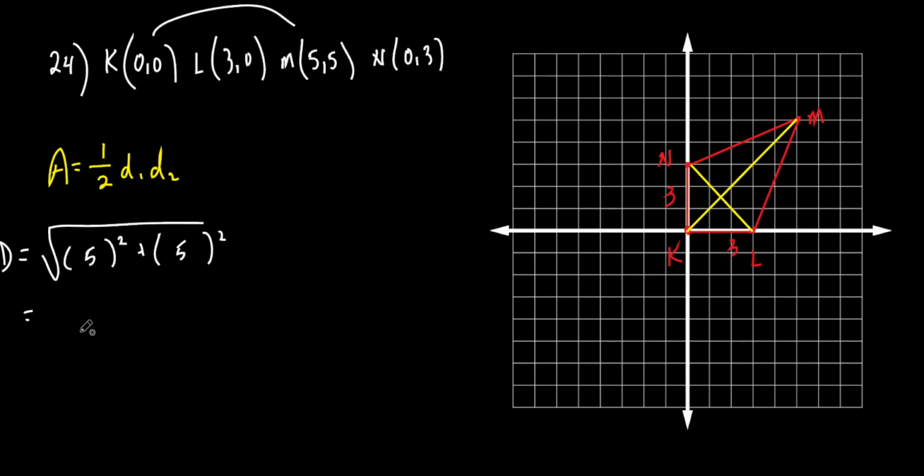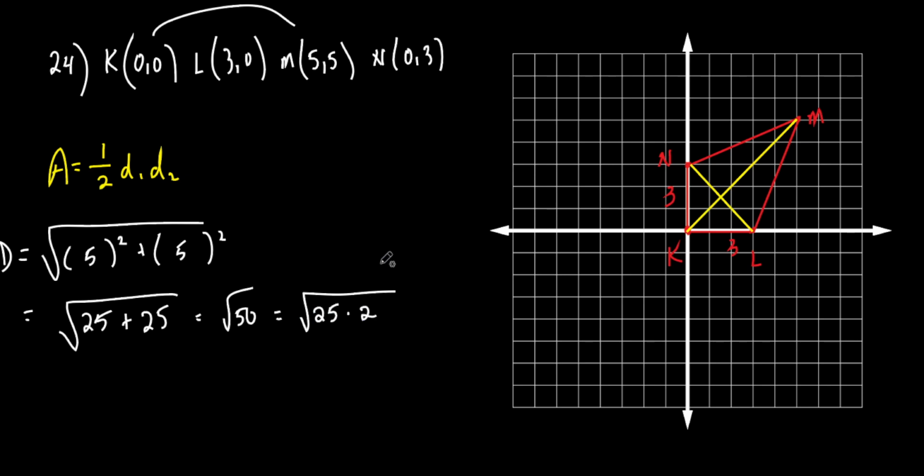Agreed? 5 squared is 25. 5 squared is 25. Take the square root. What is that? The square root of what? 50. All right. We're going to simplify that, though. You know how to simplify the square root of 50? I would turn it into 25 times 2. Why would I use that, not 5 times 10? What's special about that 25? Why did I pick that to be 25?